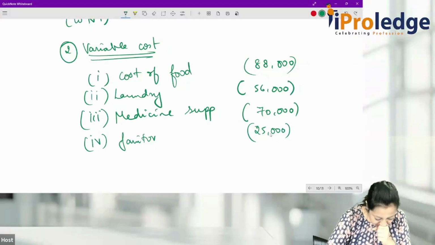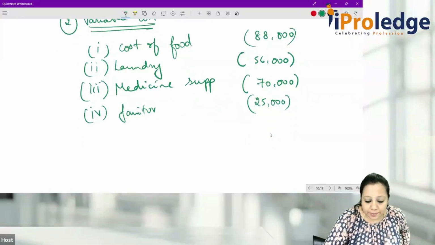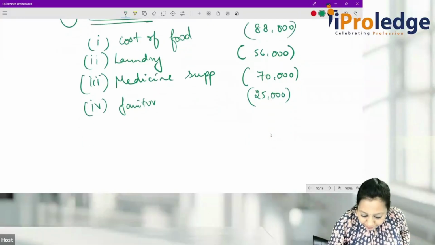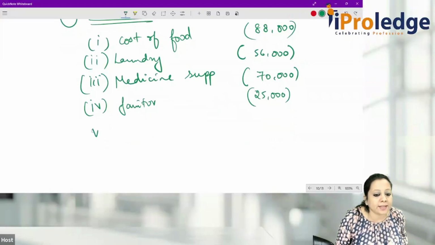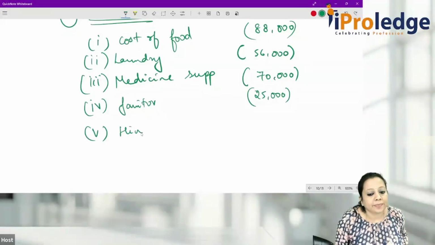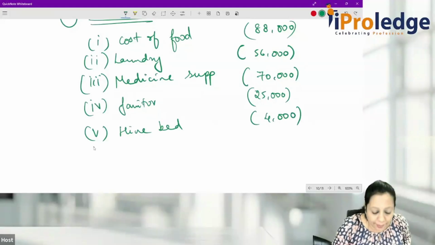So, then apart from that, what other charges are given to us in the question paper? The total hire charges, can you see hire charges of bed is 4,000. Correct, students? Yes, ma'am. Yes. All right.